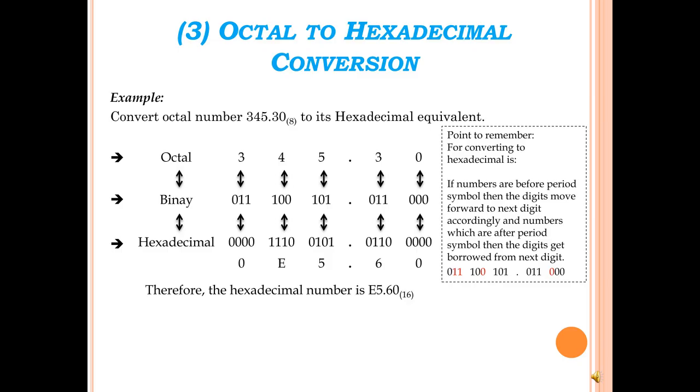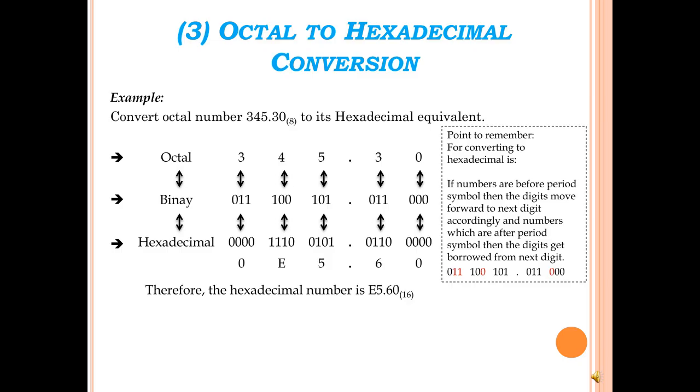Like here we see the specified number 011 100 101 dot 011 000. So from the first number, the last two digits get moved forward and added to the second digit, and the first 0 remains idle.